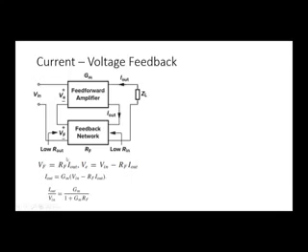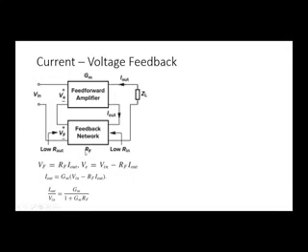The feedback network senses output current and returns a voltage. The feedback factor, that is beta, has a dimension of resistance, so it is denoted by RF.